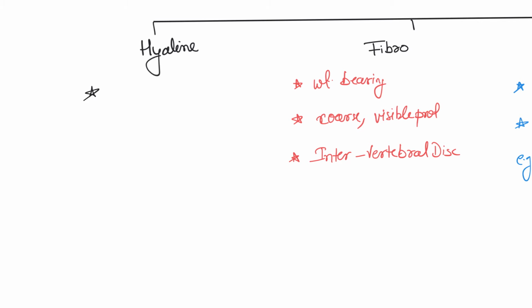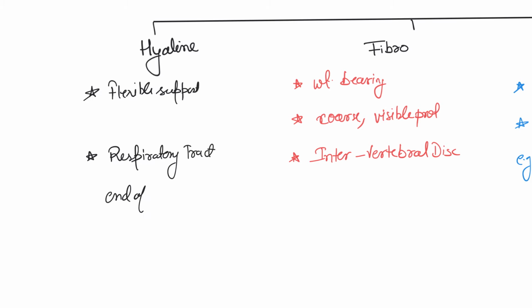So hyaline cartilages provide flexible support. Now, where can you imagine these kinds of structures to be? You can generally understand them to be in your respiratory tract, and at the ends of long bones.